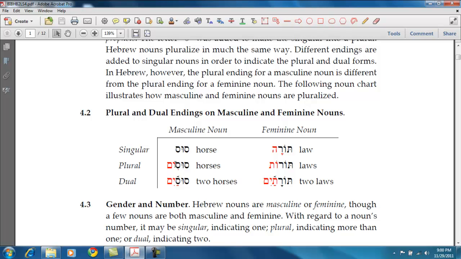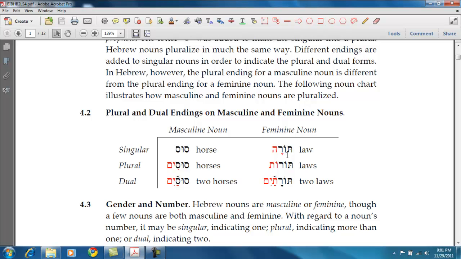So you see the Hireq Yod Mem Sofit in red right here is telling you that this is a plural masculine noun. The Patach Yod Hireq Mem Sofit, or final Mem, tells you that that is a dual masculine noun. Now you'll notice that the ayim is dual for both masculine and feminine. But we'll get into the feminine here.